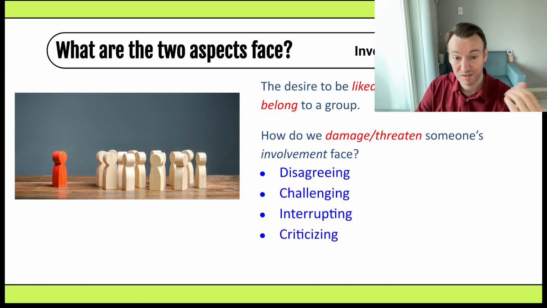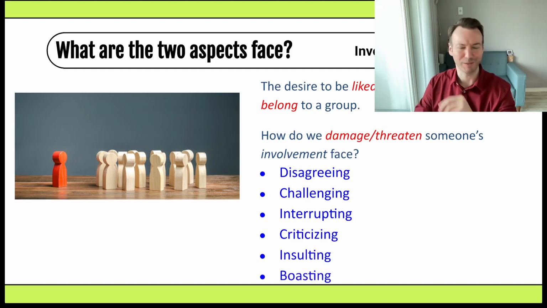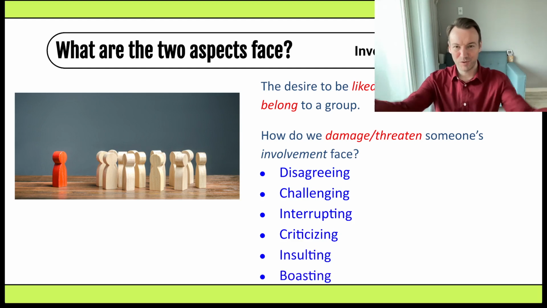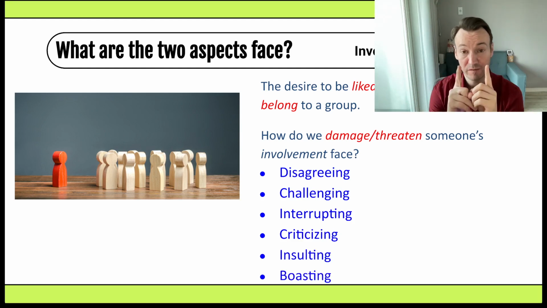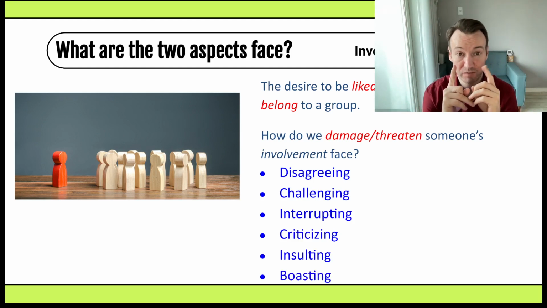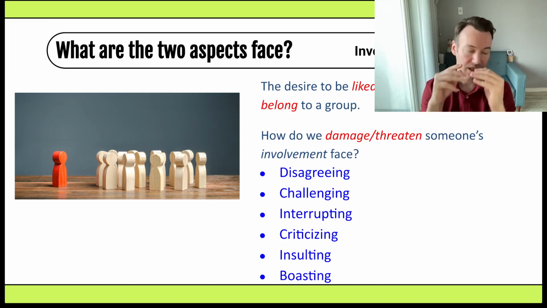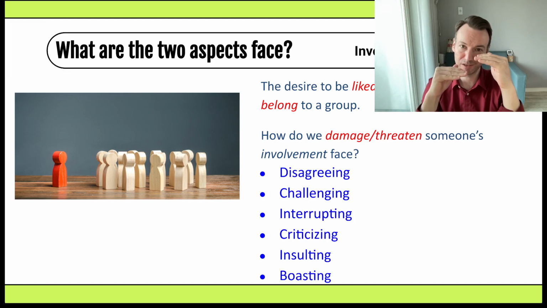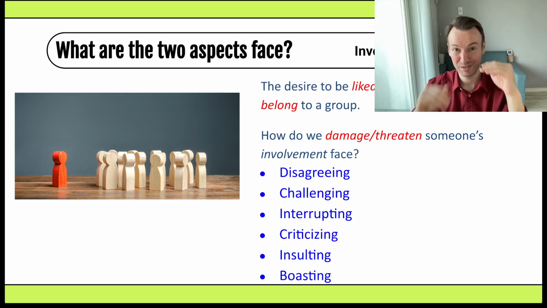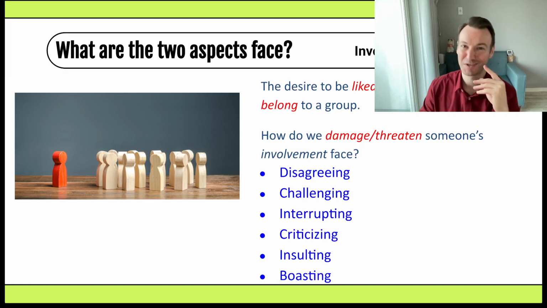Criticizing or insulting or boasting. Now, boasting is an interesting one. If you think about a situation where you have two or more people, if one person is boasting, what they're kind of doing is putting the other people or person down. They're trying to raise their own status and lower the other person's status.